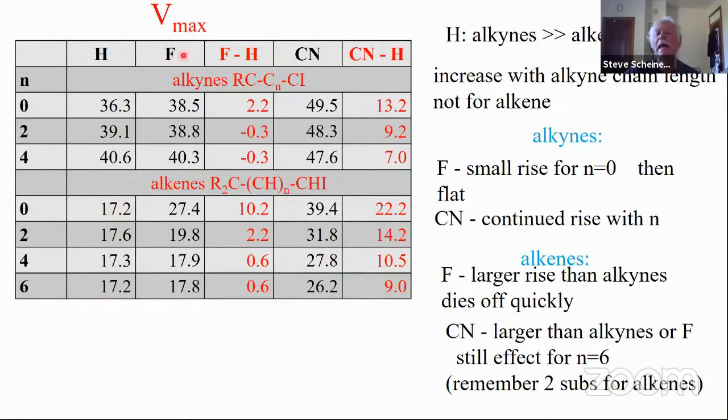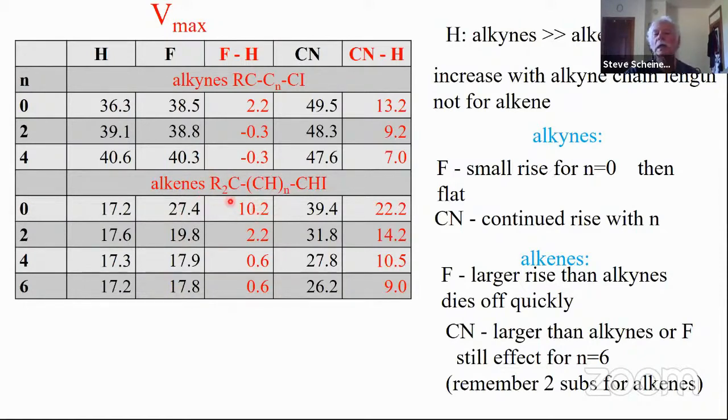When we now add F on the end, when we go from H to F, it gets more intense. The red numbers are the difference that happens by changing H to F. It gets more intense by 2, but as the F gets further away, it's very little effect. On the alkenes, though, as the F gets further away, it has a large effect when it's close.